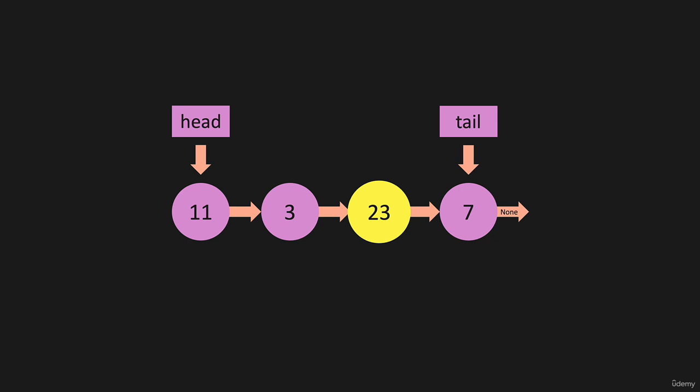This is something that is different than lists, because with lists, you can do this by index as O of 1. But with a linked list, both looking it up by the value or looking it up by index is O of n.